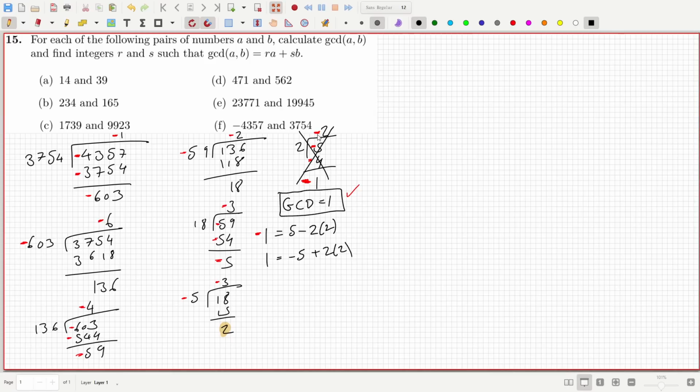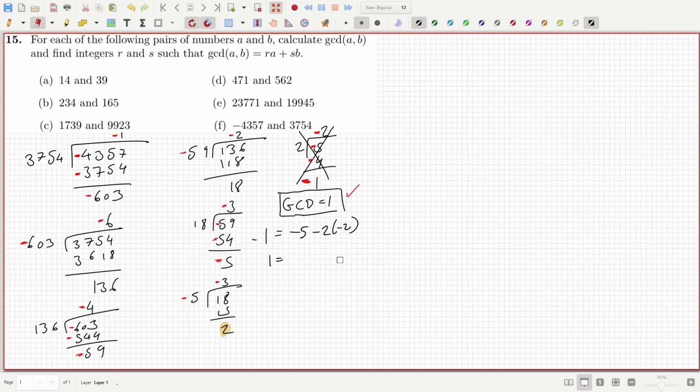I just keep it with the positives. Maybe I should sub in with the minuses. Okay. So -1 is -5 minus 2 times -2. Or in other words, 1 is -5 minus 2 times -2.